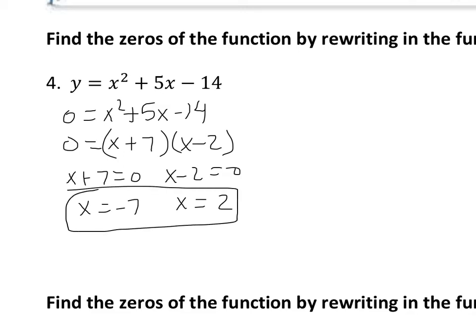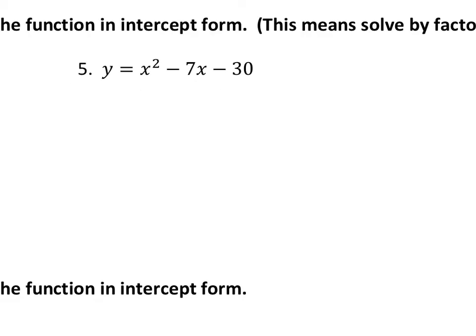Let's take a look at another example. Alright. y equals x squared minus 7x minus 30. Remember, step 1, plug in the 0. So this time you say 1 times negative 30 is negative 30. So it multiplies to negative 30 and adds to negative 7.